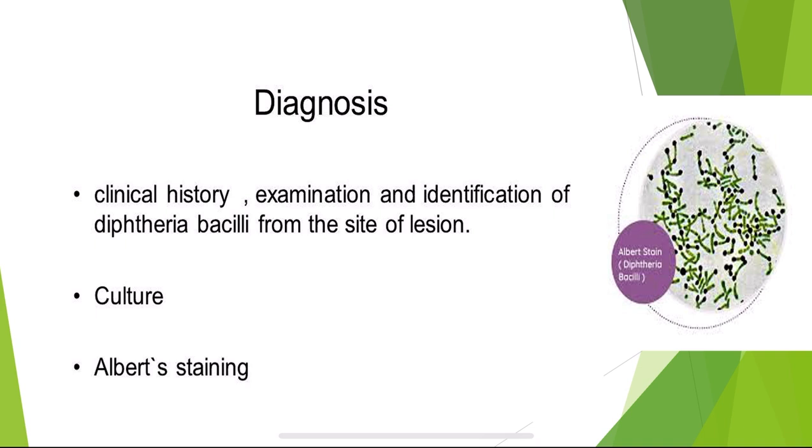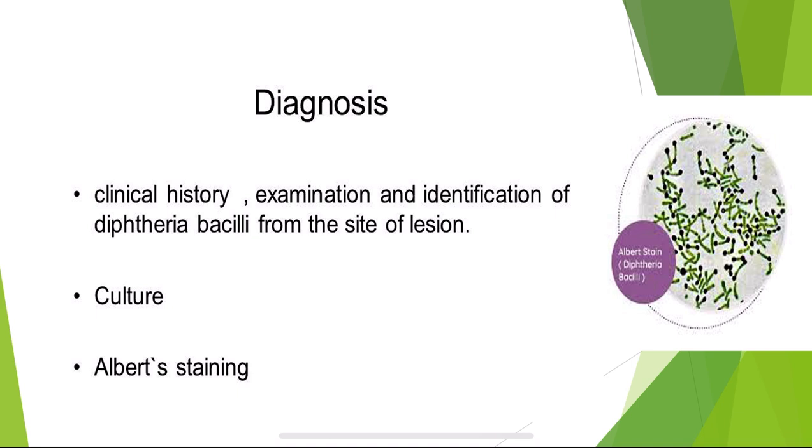Exposure: if the patient has been exposed to an infected person, or has traveled to an area where diphtheria was an endemic or epidemic disease. Then we will discuss the vaccination status of the patient. This is the clinical history, what you're going to ask the patient: if he has traveled to any area where diphtheria was endemic or epidemic, and if the patient was vaccinated completely or not.